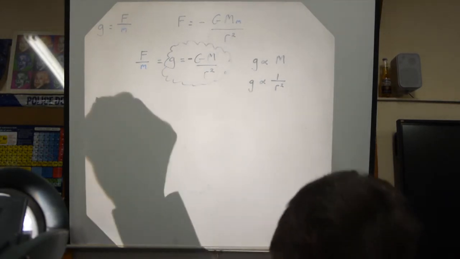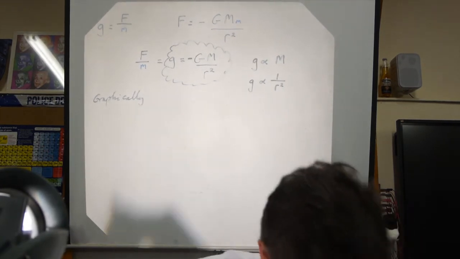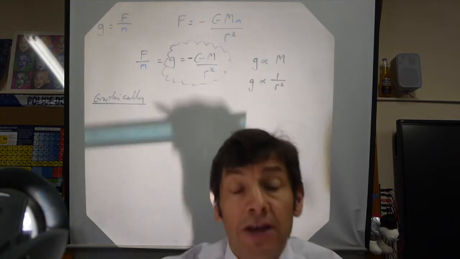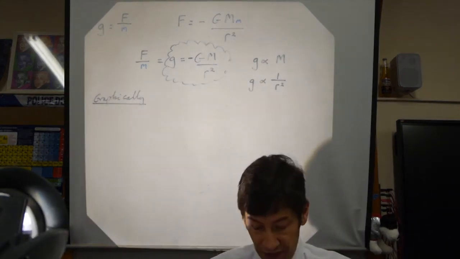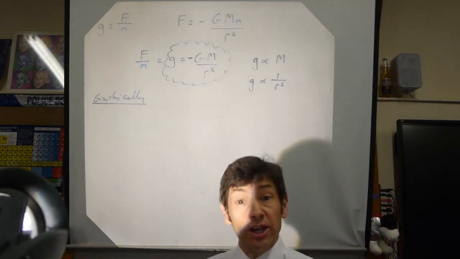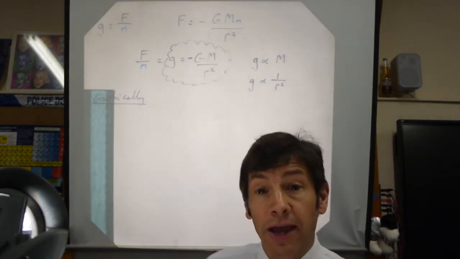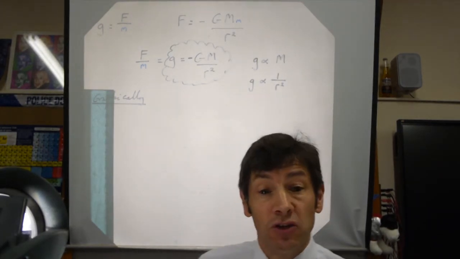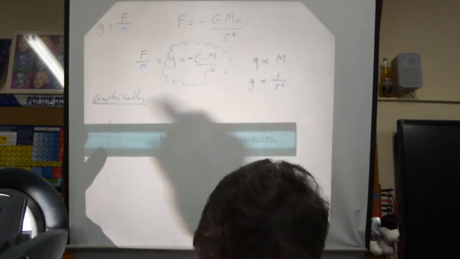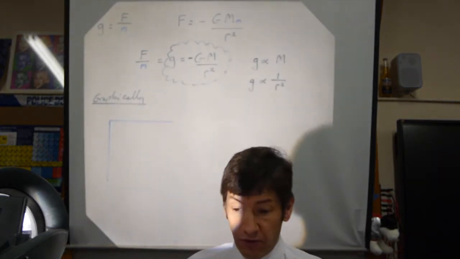So let's have a look at this graphically. And this is an important skill to be able to interpret these sorts of equations graphically. So if we were to measure g at different distances away from a point mass, okay, remember that the vector nature is in the opposite direction, and we drew a graph of what g is as we go further and further away.